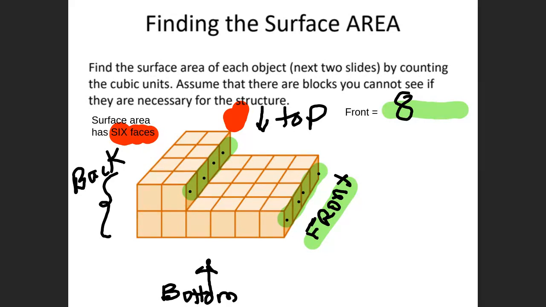Now, the top and the bottom are going to have the same number of boxes. That's the beautiful part about it. The top and the bottom will have the same number of boxes.